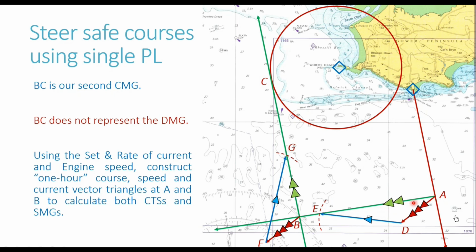Alpha Echo, as we saw just now, gives us the course made good and speed made good for the first course, and Bravo Golf, BG vector, gives us the course made good and speed made good for the second course.